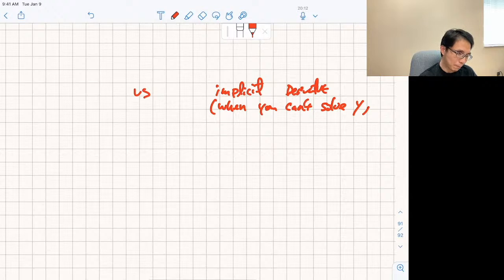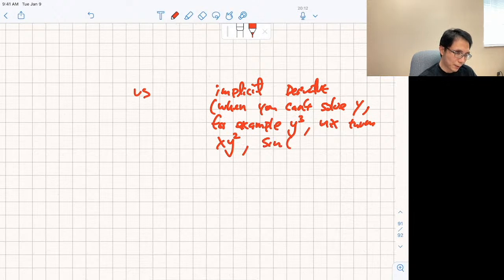For example, y to the third power, or mixed terms like x y squared, or sine of x plus y. Those are all good indications that you should use implicit derivative.